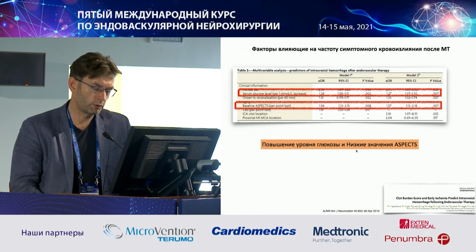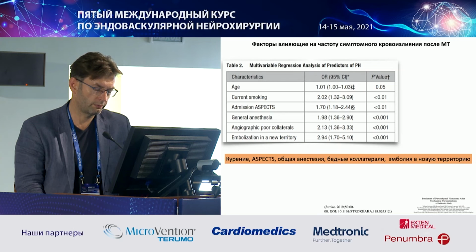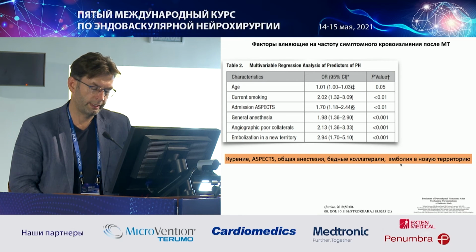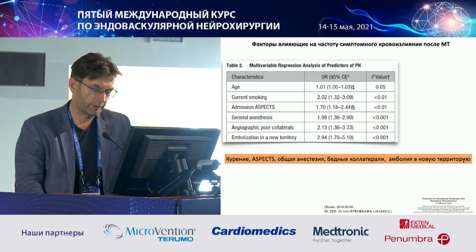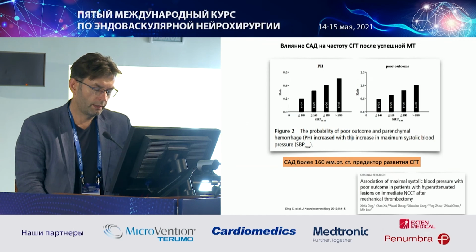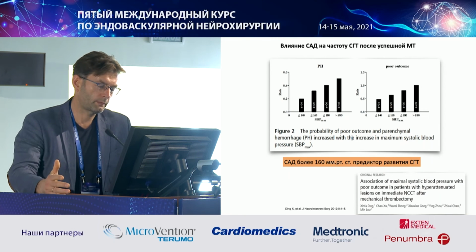In another study, a high level of glucose and low ASPECTS score were the key factors. Smoking, common anesthesia, poor collaterals, and embolism in a new territory were also decisive factors.